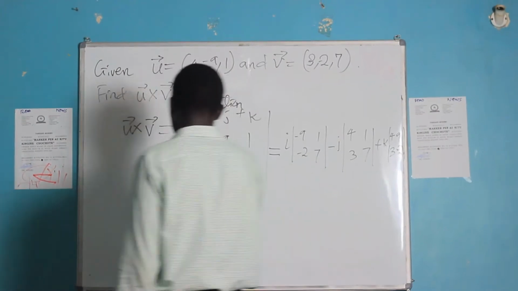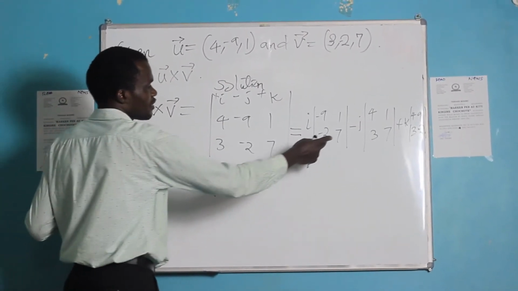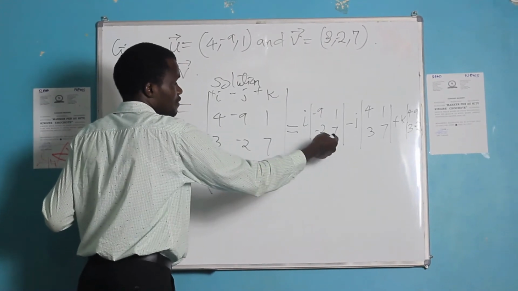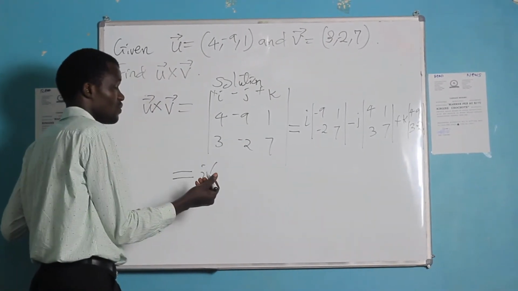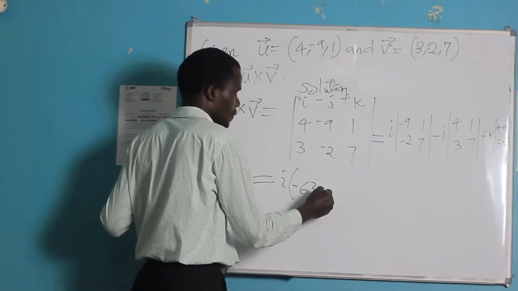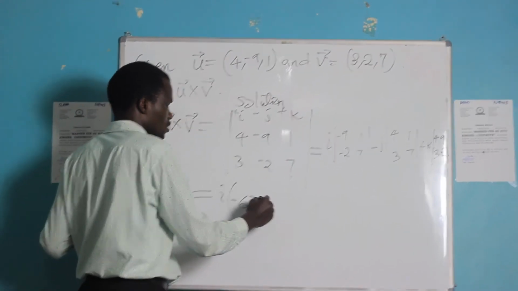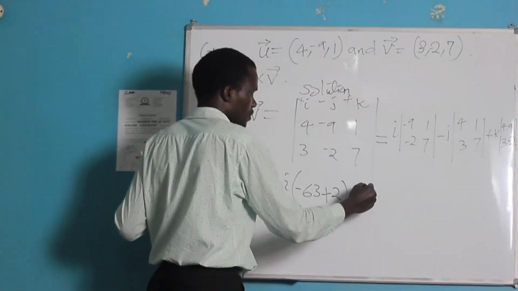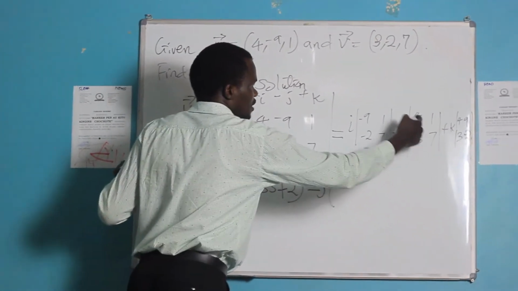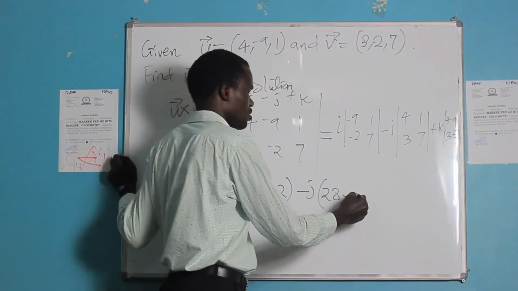Okay. Here it's i. What is the determinant of this one? Taking 7 times -9, which is -63, minus -2 times 1, which will be plus 2, minus j: 7 times 4 is 28, then minus 3 times 1.